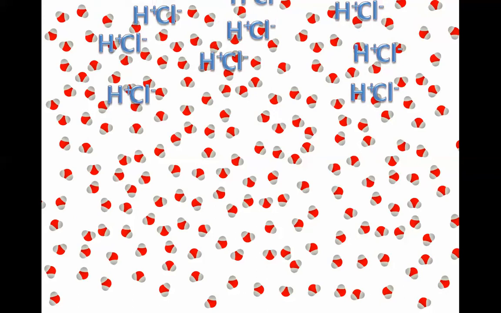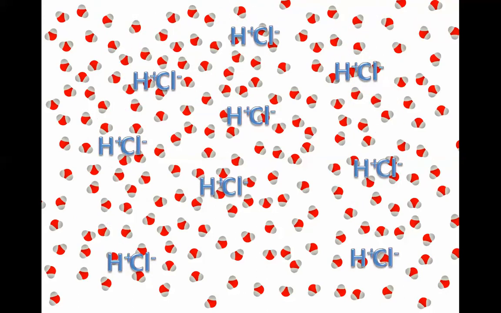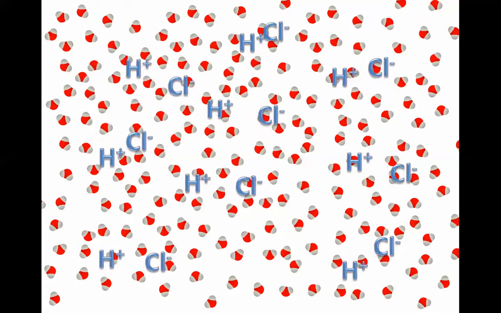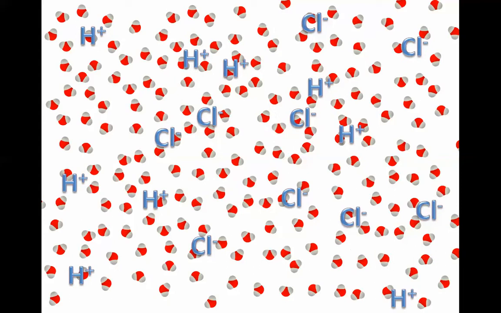So you can imagine that the more HCl I put in water, the more molecules are going to dissociate because they're held together by ionic bonds, and the more H pluses or protons I have in the water. As I get more and more H pluses, I become more and more acidic.